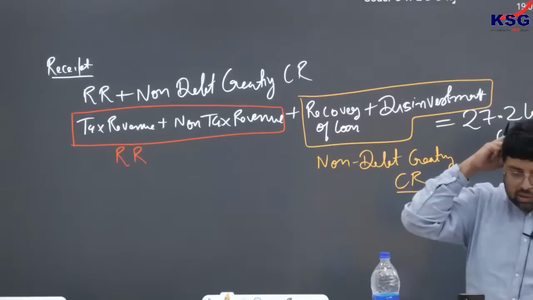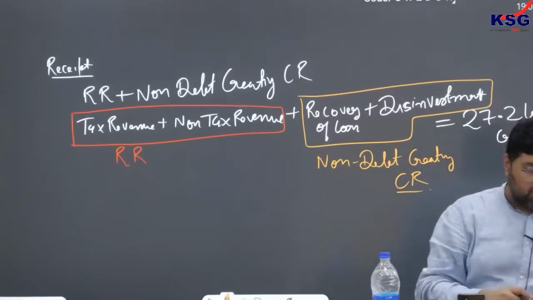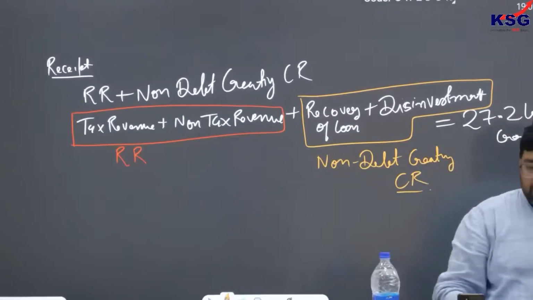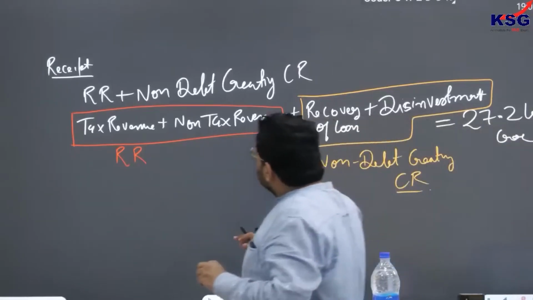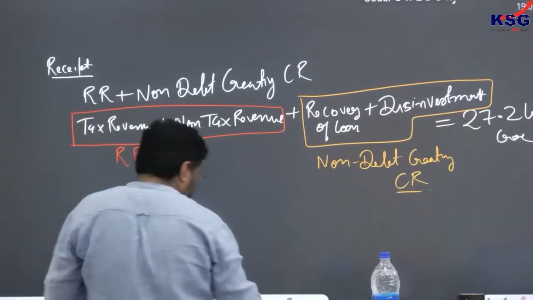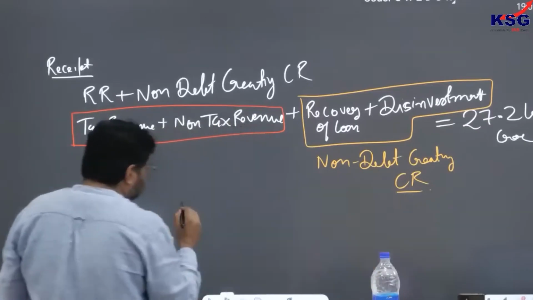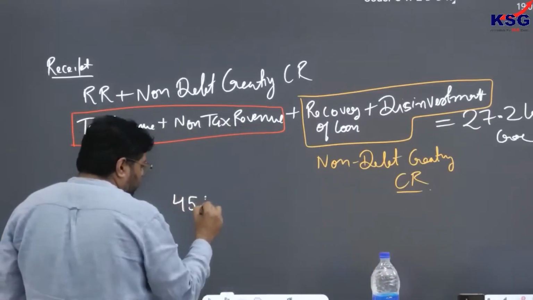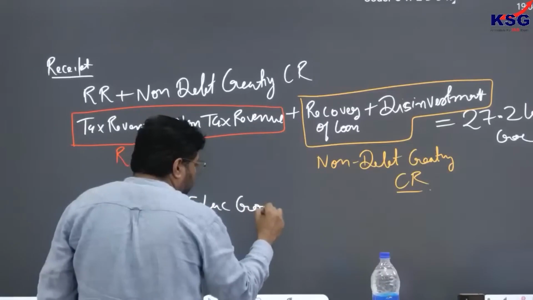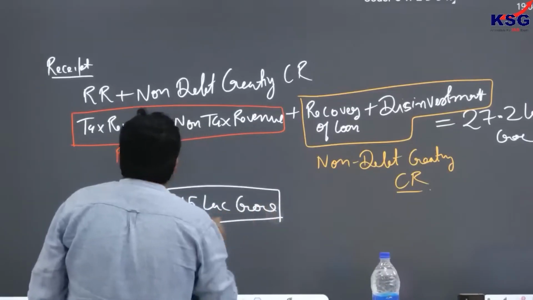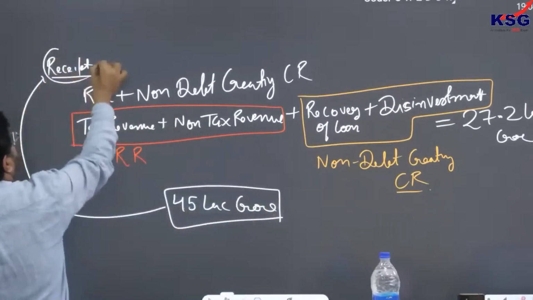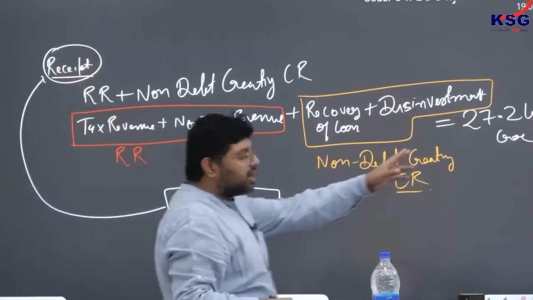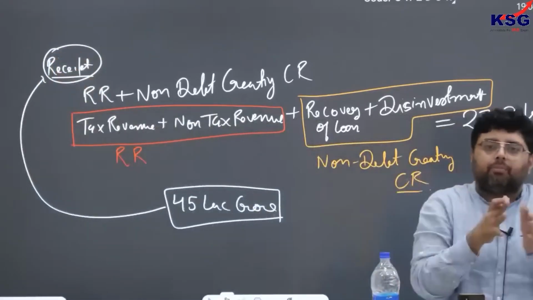My total expenditure is 45 lakh crores. Against that total expenditure, my total collection of receipts is 27.2 lakh crores. So ultimately there is a gap.